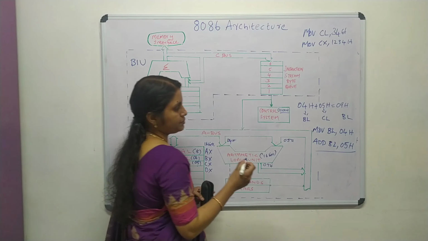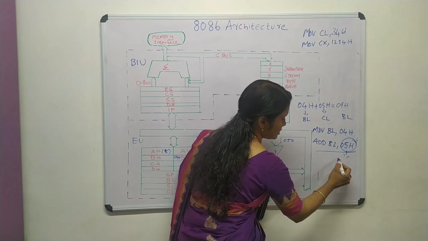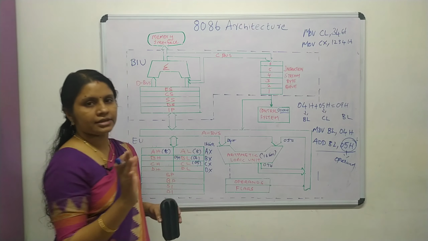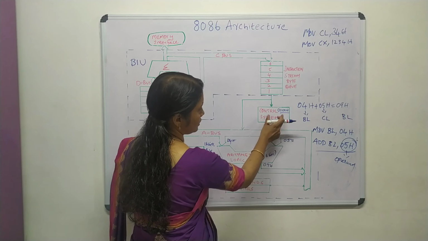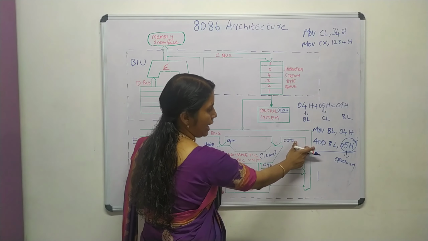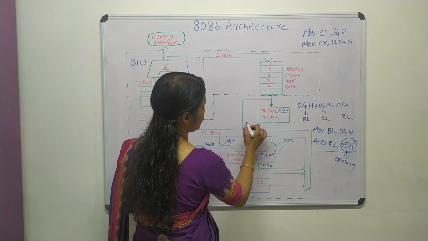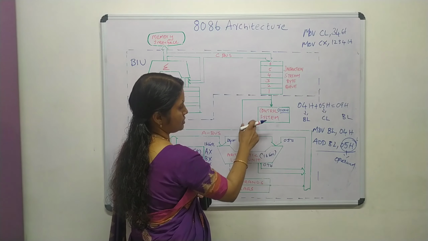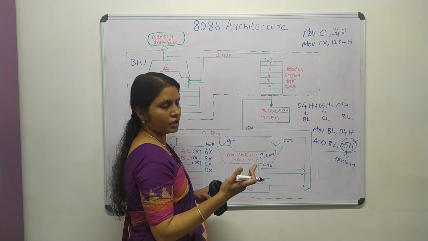But here no opcode exists for this, because this is an operand. No opcode exists for numbers. So finally we will have the opcode for add and BL, and the value of 05H has no opcode, so there is no need to go to the decoding part.